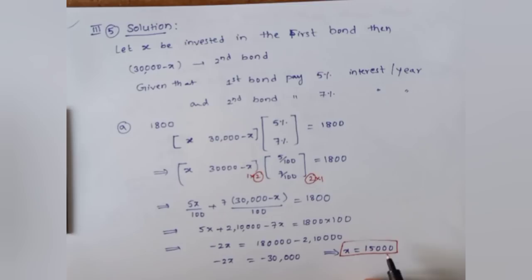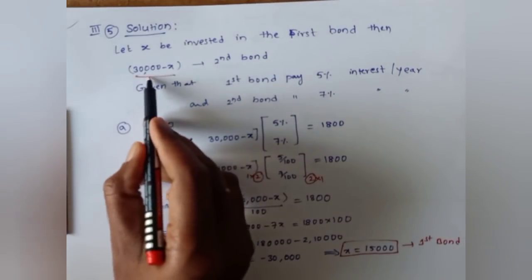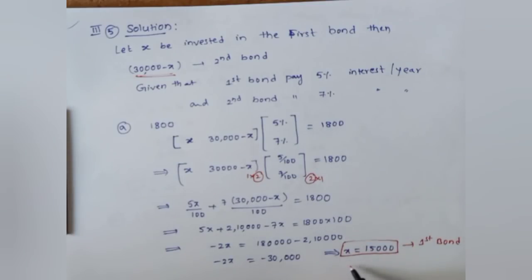That means 15,000 is invested in the first bond. Similarly, on the second bond, 30,000 minus x is also 15,000.